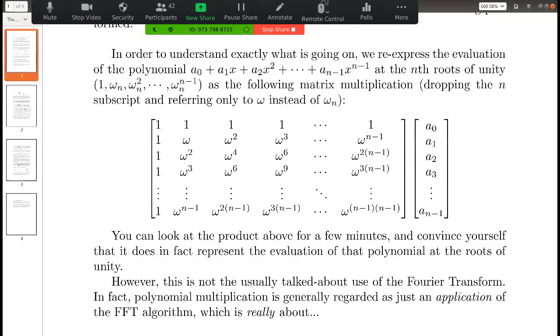That's why we choose omega, omega squared, omega cubed, etc., all the way to omega to the n minus 1. That's why we choose the roots of unity to evaluate our polynomial at.